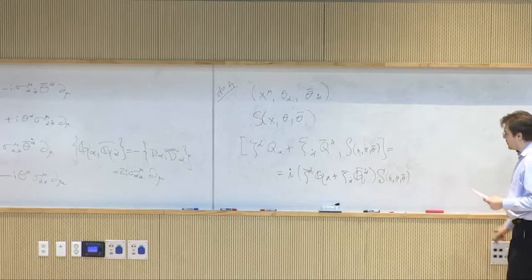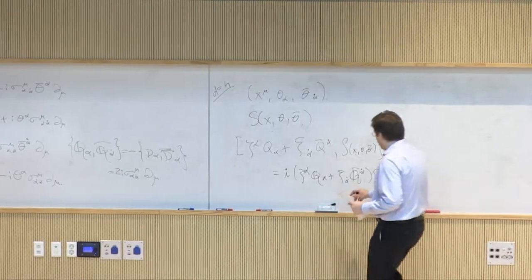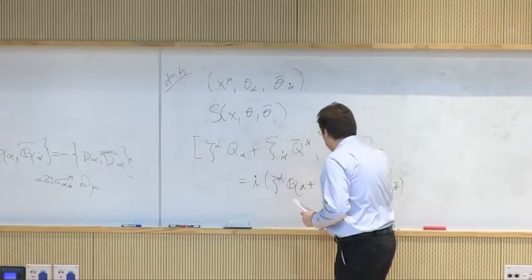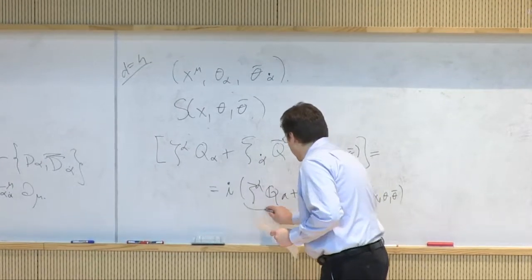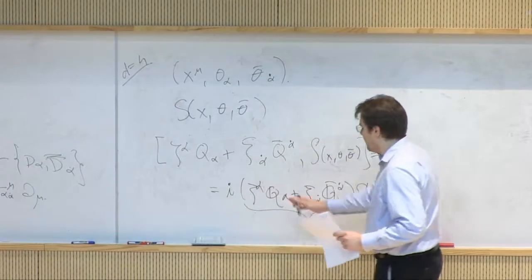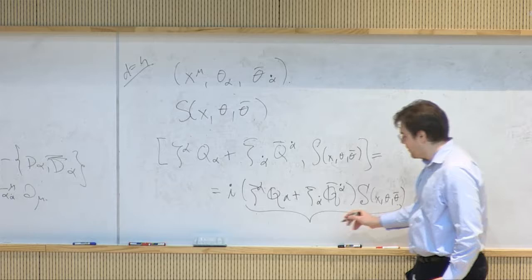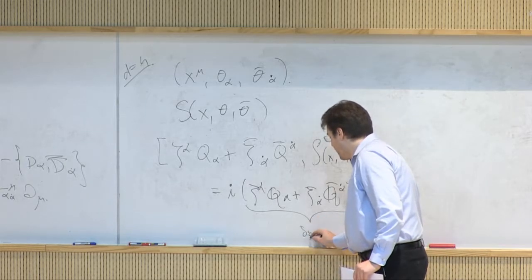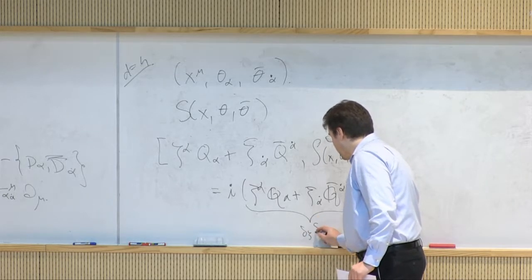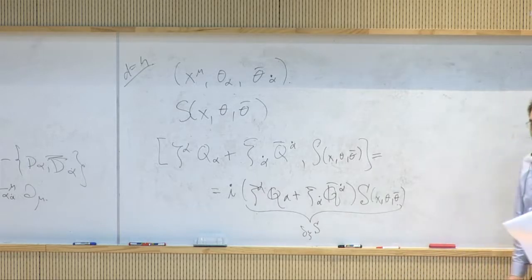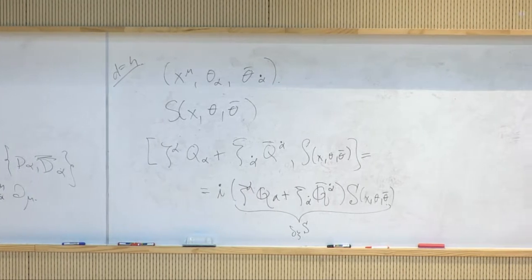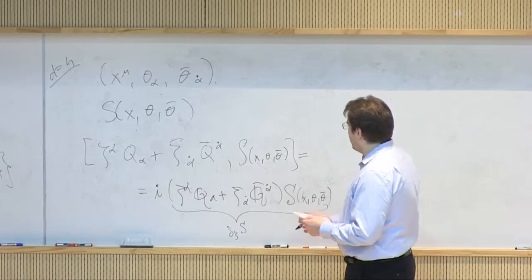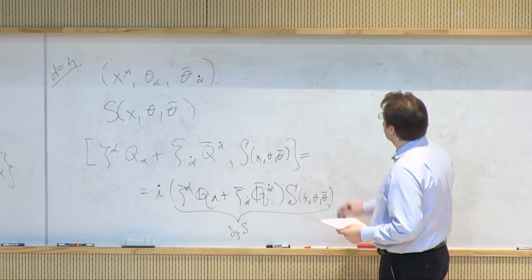Okay, so that was the definition of a general superfield. Any object that satisfies this, we call a superfield. And this thing on the right-hand side here, this differential operator expression acting on S, I'll also call it delta zeta of S. That's the SUSY variation parameterized by zeta. Very good. And we showed a bunch of different things.